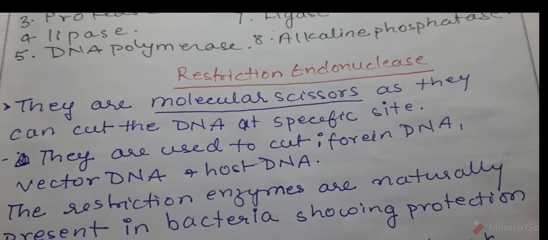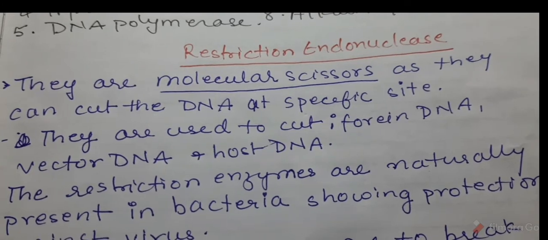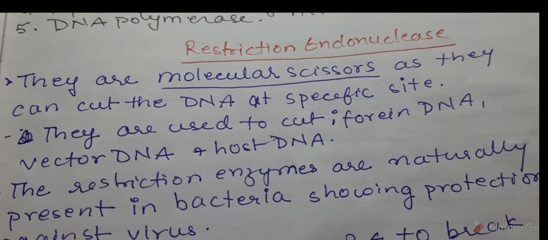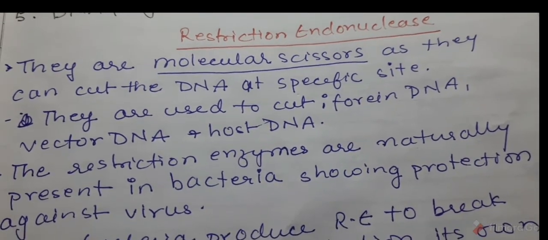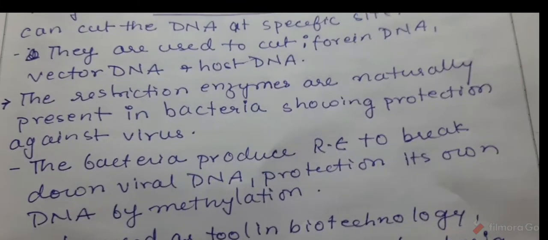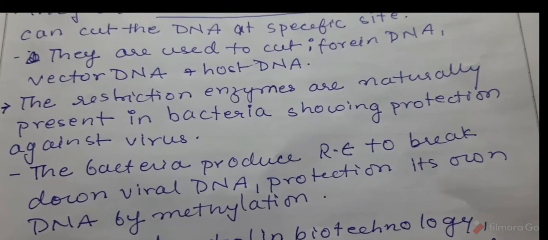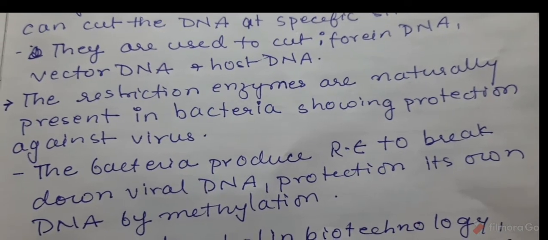They are called molecular scissors as they can cut the DNA at a specific site on the DNA molecule. They are used to cut foreign DNA, vector DNA, and host DNA. The restriction enzymes are naturally present in bacteria, providing protection against viruses.